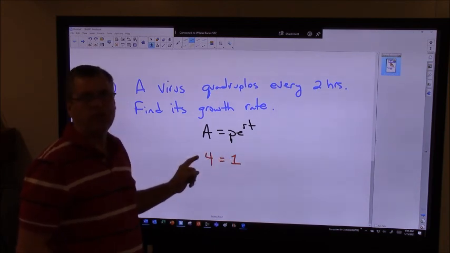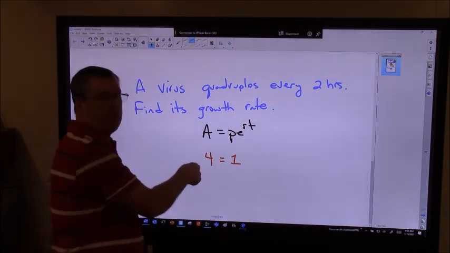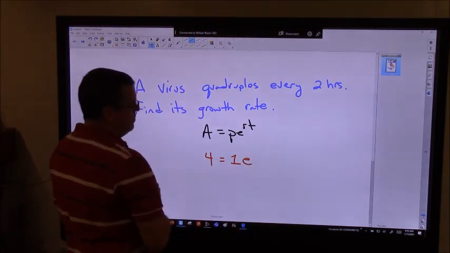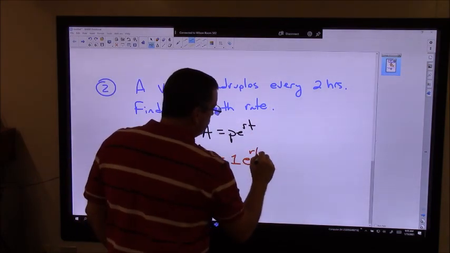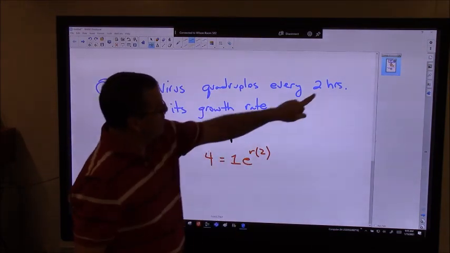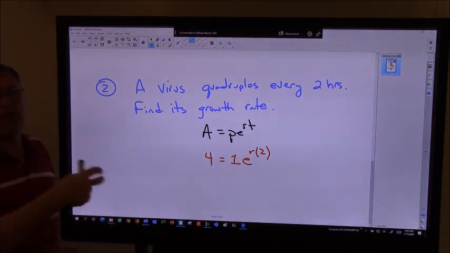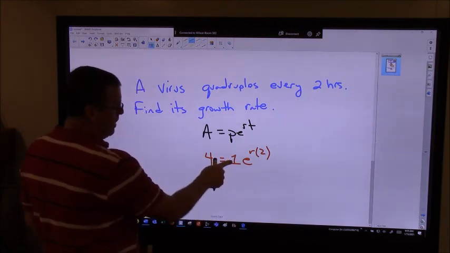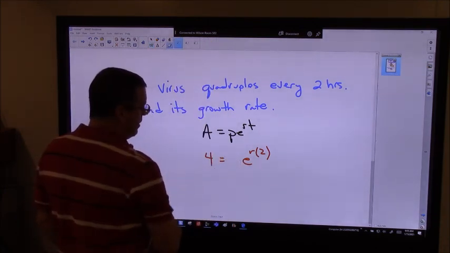Okay, fine, quadruple it, it becomes 8. It doesn't matter, because the moment I move this number over and divide, I get 4. All right? Times e, raised to the r, that's what we're trying to figure out, and it took 2 hours for this to happen. So I got to make sure I remember my time frame. This is in hours. It's a growth rate per hour. All right, so multiplying by 1, it doesn't do anything, so I don't even really need to write that down.